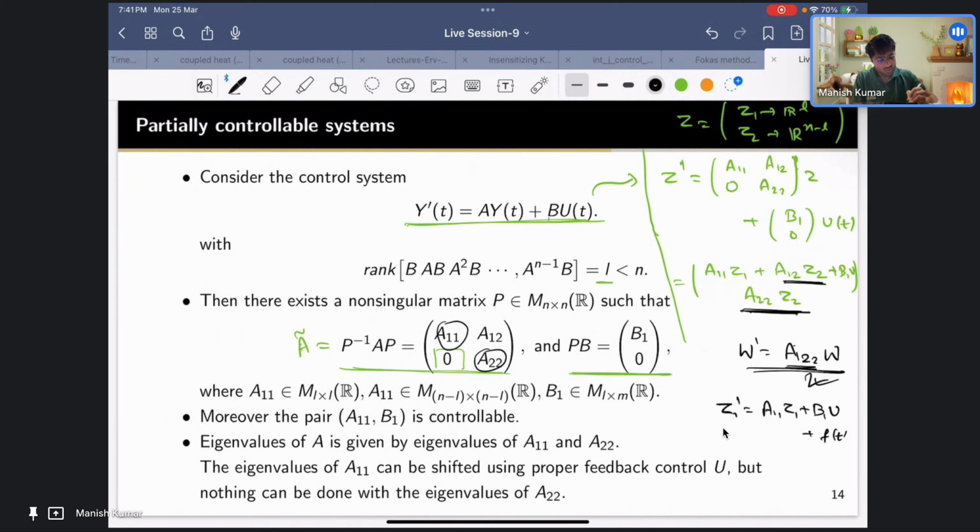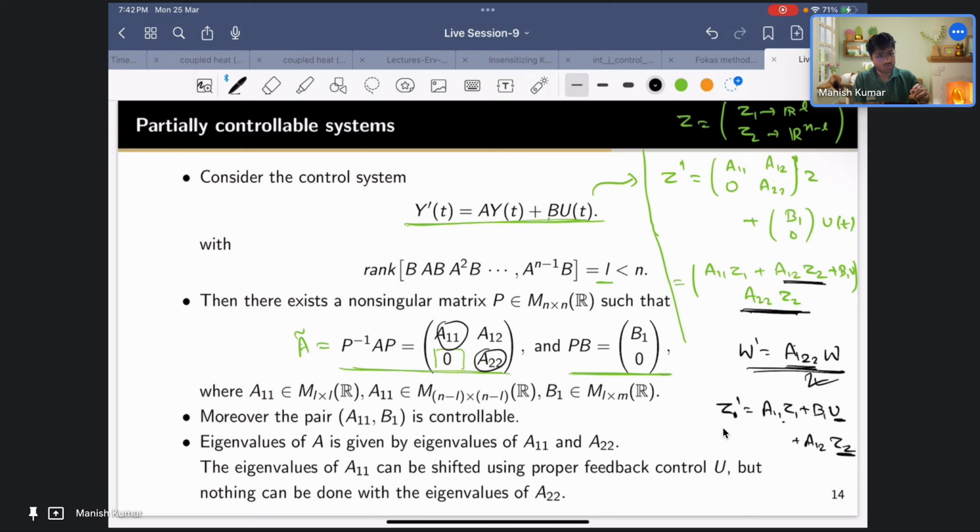Now the question is again to find this U so that this whole thing will be stable. So basically you want to shift the eigenvalues of A11. Instead of writing an extra term, I should write A12 Z2 only. But Z2 is known to you here. Now the goal would be to find this U in terms of Y1 and Z1 and Z2, so that this resulting system will be stable.